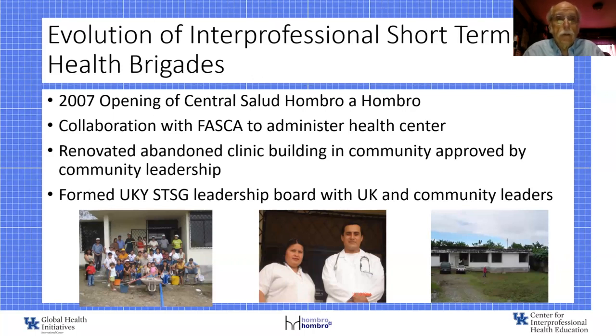So we started the initial clinic on the bottom right. You can see the clinic building before it was renovated. It had been an abandoned clinic building in the community. But they said, if you can figure out a way to staff this program, you can use this facility.